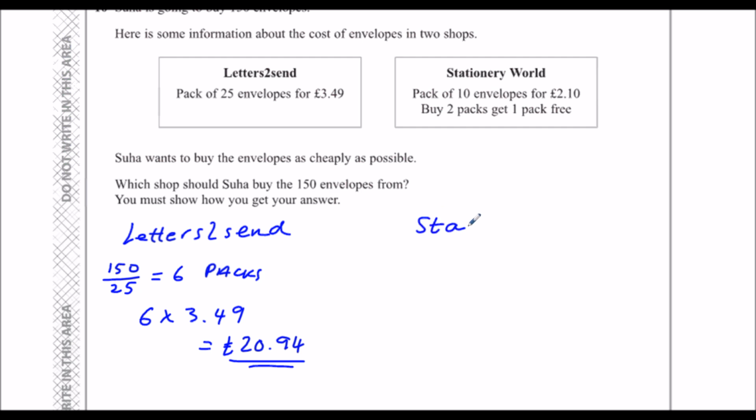Stationery World. Okay, so a pack of 10 is £2.10, and you buy 2 packs and get 1 for free. So if you buy 2 packs and get 1 for free, that'll be 30 envelopes.